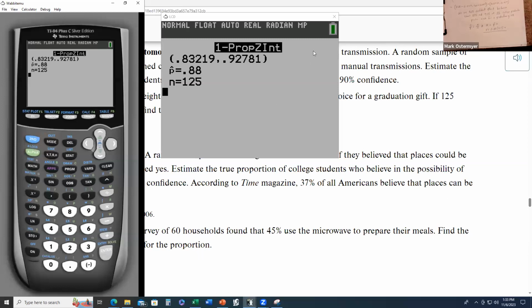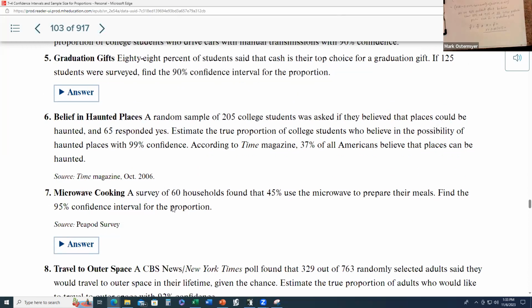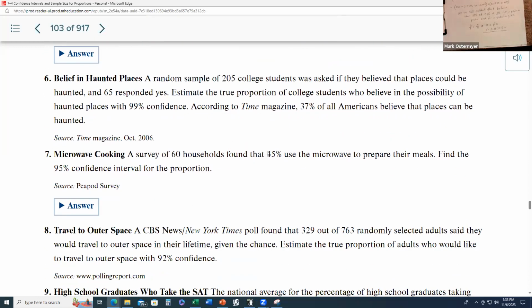All right, so for our next class work here, you can go ahead and try number 6 here. Then when you get done, see if this Time Magazine survey, which is 37%, is actually in your confidence interval, okay? So go ahead and do number 6.